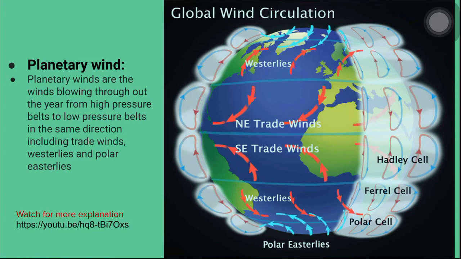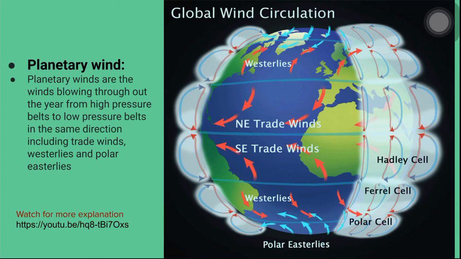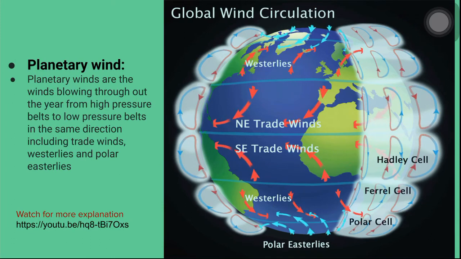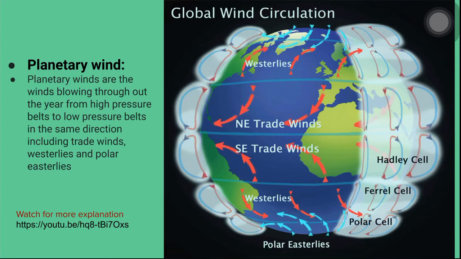So that's why it is called polar easterlies. They flow from the poles towards the equator through circulation in the polar cell. So this circulation of the air is called the polar cell.